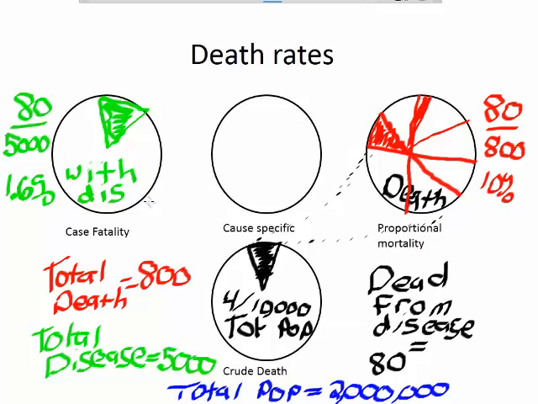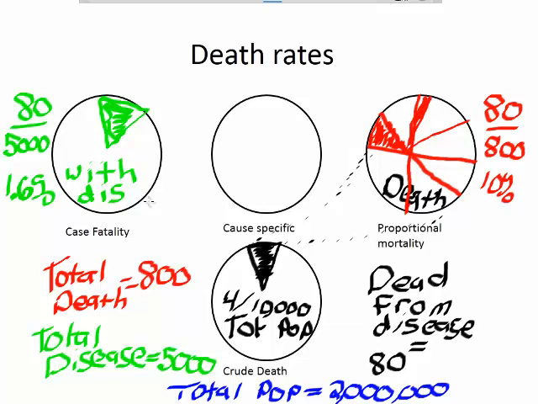You see the characteristics of the particular disease, how deadly it is, or as a proportion of all deaths, how often it is killing people. But it doesn't tell you the impact of the disease on the community as a whole.